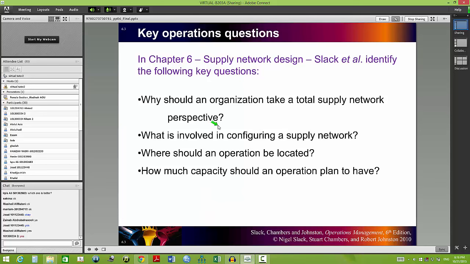We will discuss this issue, and then after that, what's involved in configuring a supply network? Where should an operation be located? This is also a very important point, which is the location of the operation. We will discuss it also. And finally, how much capacity should an operation plan to have? So these are the major topics in chapter 6.